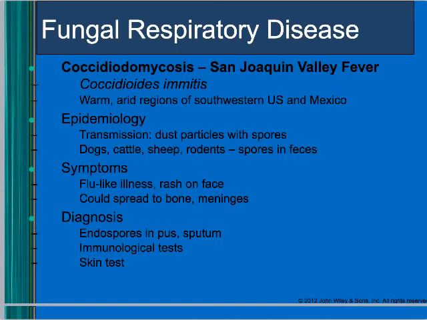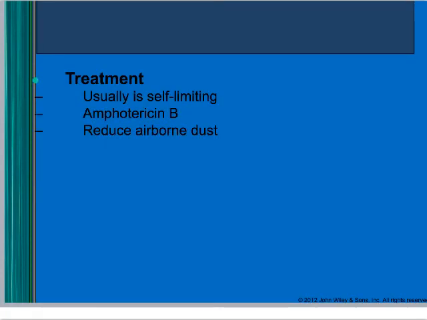This one usually self-resolves, but it could spread and cause meningitis. So if you're cleaning up a barn or a garage or something where there's lots of maybe mouse poop, make sure you try to control the dust or maybe wear a mask so you don't inhale those spores.